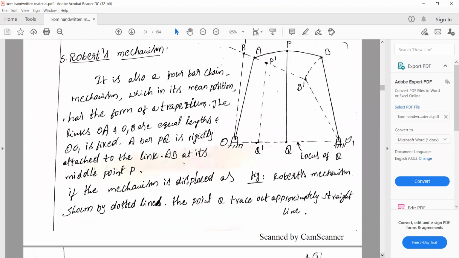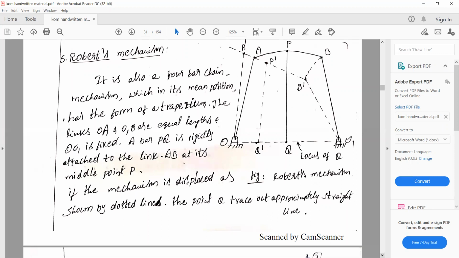You give a briefing on how many links there are and what types of pairs they are, whether turning pair or sliding pair. What types of pairs are in a particular mechanism is also important.